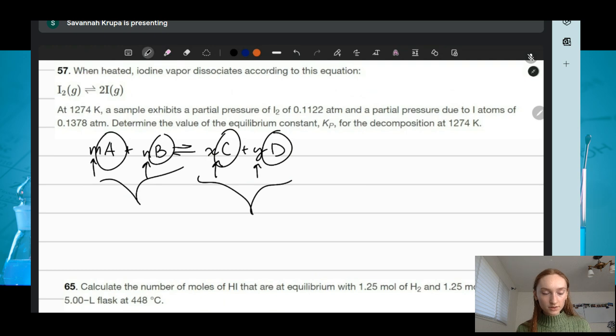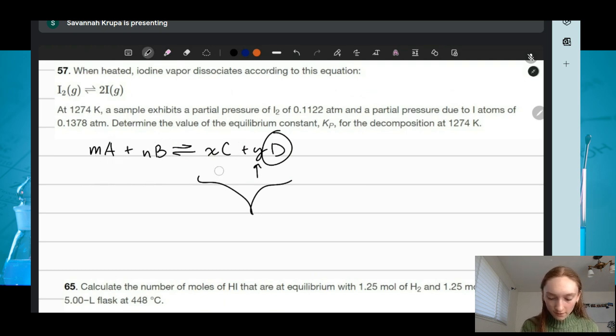So just as we know the formula of a basic reaction, let's use the equation to solve for this problem. We need to find Kp. And Kp is equal to the products.